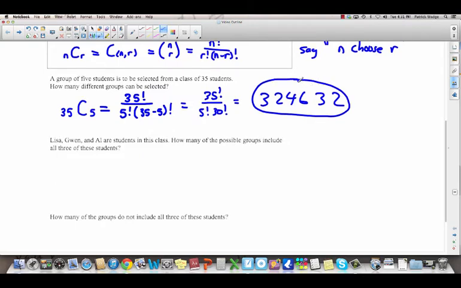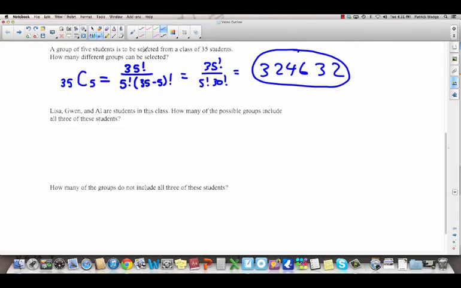Okay, now same sort of question. You've got your 5 students to be selected. What if Lisa, Gwen, and Al are in the class, and we want to know how many groups include those 3 students? Well, if we include those 3 students in the group, we already have Lisa, Gwen, and Al, and then there's only 2 more to choose. How many students are there to choose from? Not 35 anymore, because these are 3 of the students.